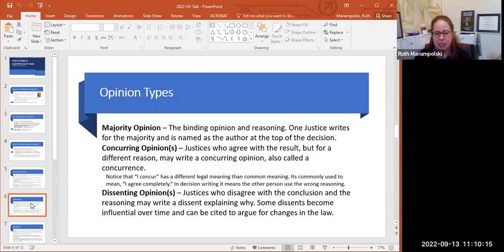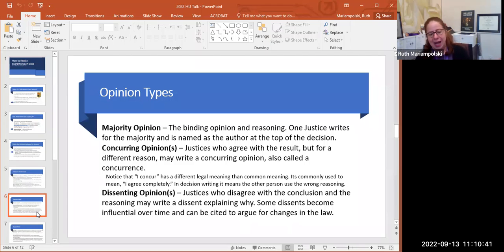Generally speaking, when someone says I concur in general speech, it means I agree completely. It almost means something directly opposite in legal vocabulary. It means the other person is using the wrong reasoning. So concurring opinions offer the justices an opportunity to share their own thinking and rationale.